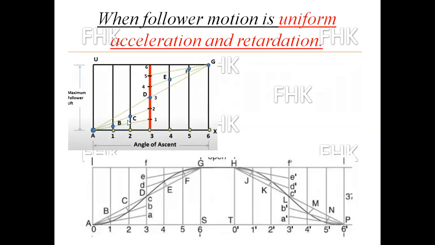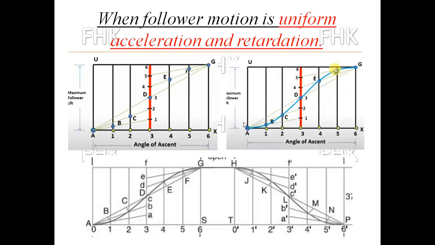Okay. A, B, C, D, E, F, G. These points I will get from intersection of these 6 lines. Okay. Now these points A, B, C, D, E, F, G I will join by a smooth curve. A to B, B to C, C to D, D to E, E to F, and F to G I will join by smooth curve.